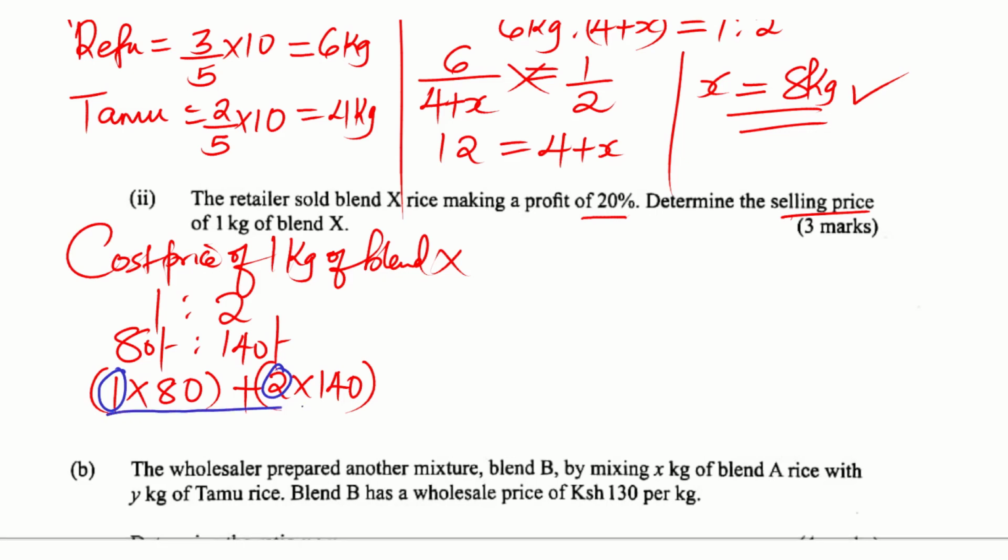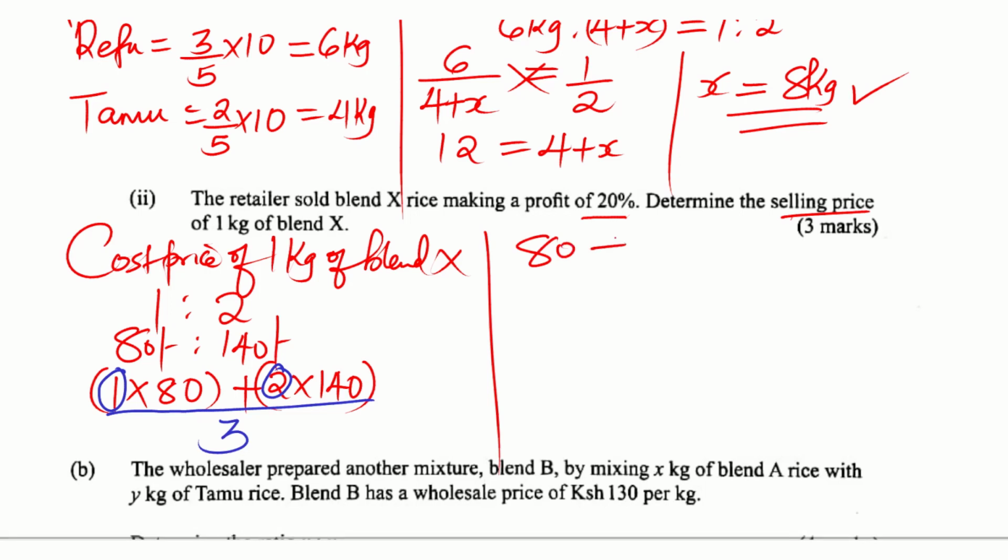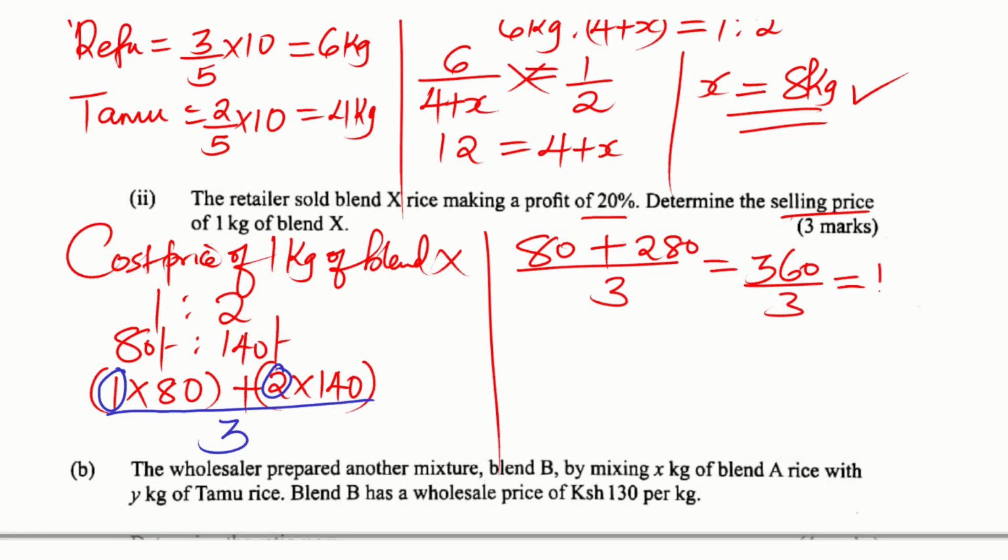Then you divide by the total ratio, 1 plus 2, which is 3. This gives 80 plus 280 divided by 3, which is 360 divided by 3, and it gives 120 shillings. That was the cost price.